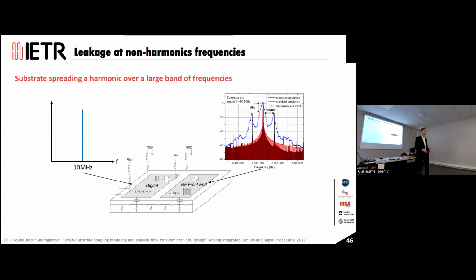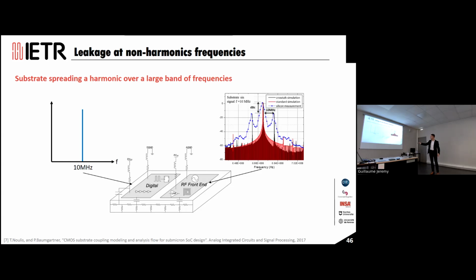We can expect that the leakage will also be present at non-harmonic frequencies, because previous work on mixed-signal devices demonstrated that when the digital part produces a leakage at one given frequency, for example 10 MHz, then when this signal goes through the substrate, the substrate acts as a filter, which is going to spread the leakage over a wider range of frequencies.